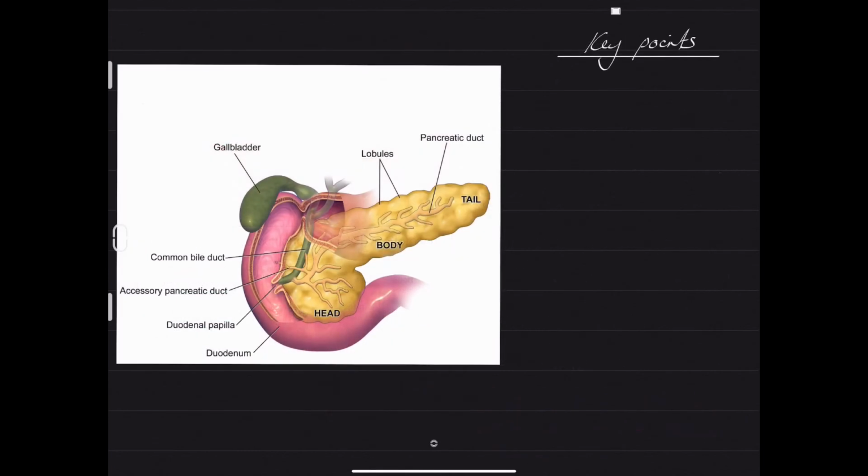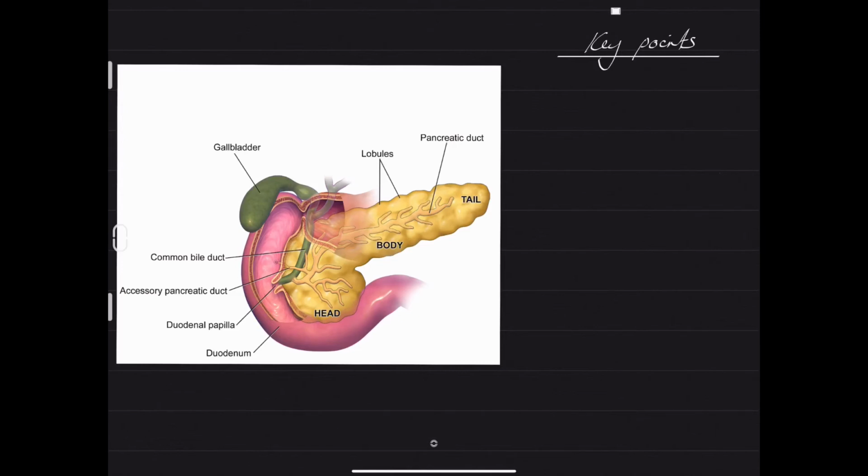Now, this picture makes it a bit clearer in terms of visualizing the pancreas and its relationship with the small intestine, and specifically how the enzymes are getting into the small intestine. So you can see here you've got the pancreas in yellow, and there's a pancreatic duct, and you can see how that is leading towards the accessory pancreatic duct.